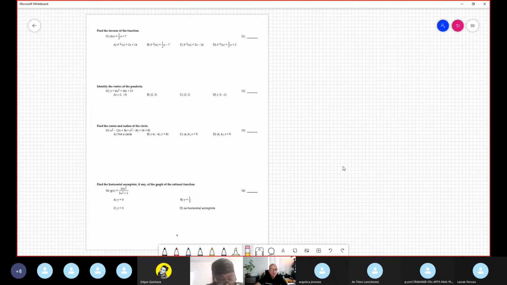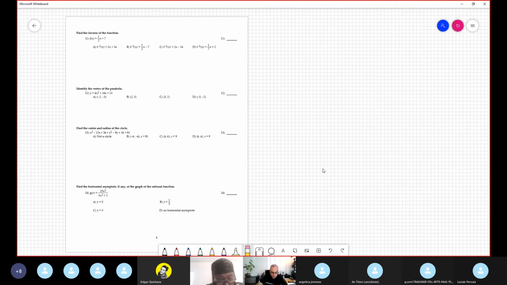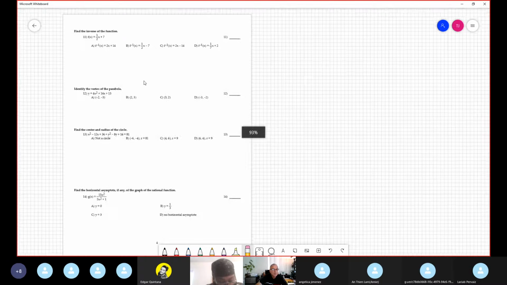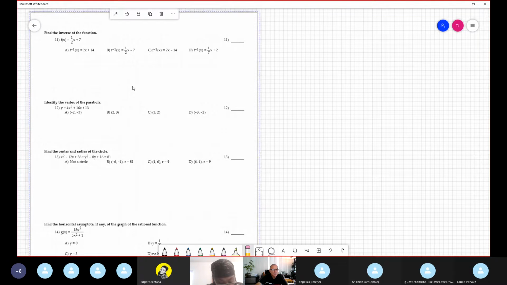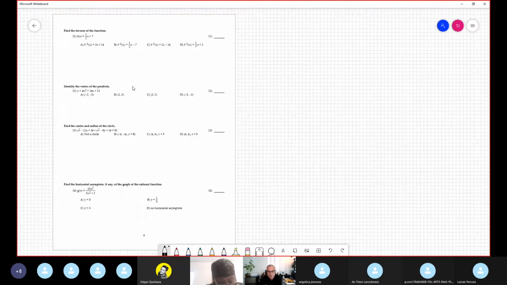Okay. Oh, easy. Look. In question 11, you need to find the inverse function. So one function is given. F of x equals 1/2 x plus 7. My goal is to find the inverse.